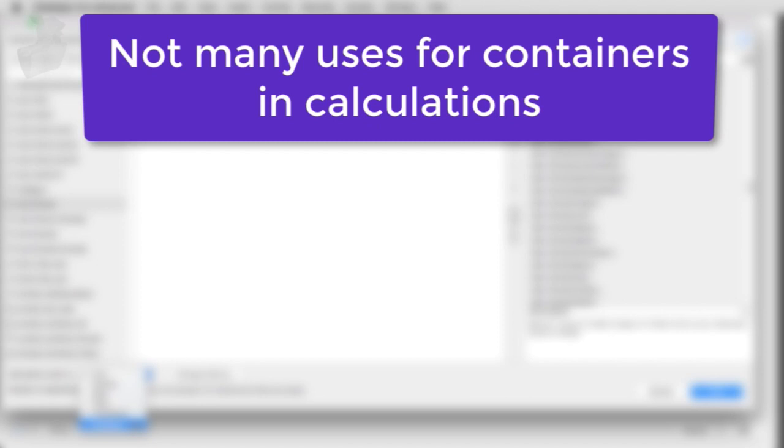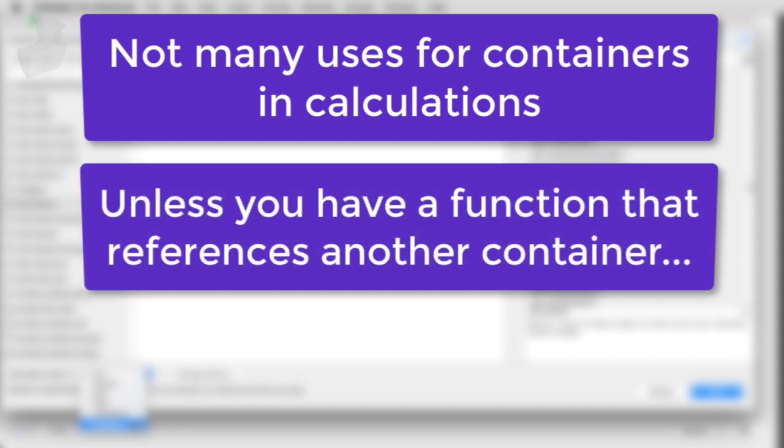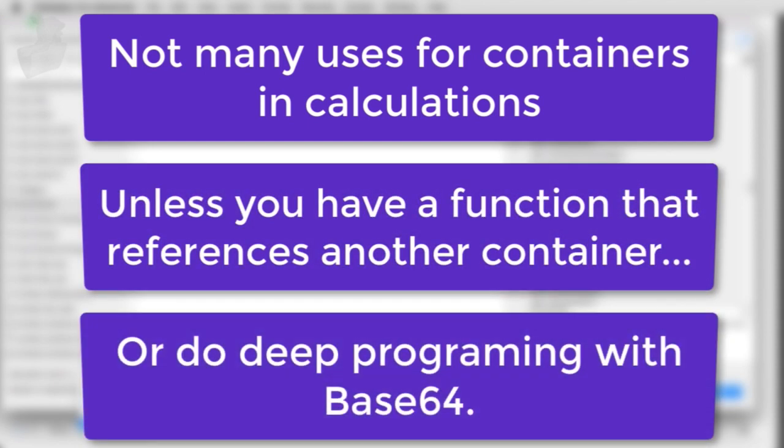So even that's not a container. Really what it comes down to is that generally you're going to output as a container if you have a function that somehow references another container, or if you start to do some really deep programming with things like base64. Base64 is a function that takes text and translates it into an image. It's actually pretty cool stuff, and it's really beyond this beginning video. However, my general point is that you're going to have very few opportunities to output a calculation as a container field.